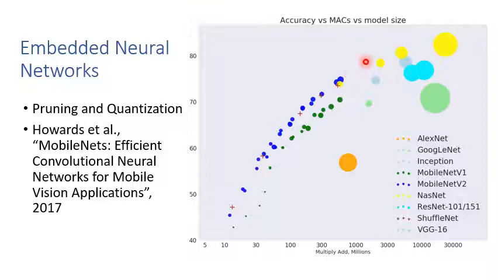Although it's still a little bit less accurate than the best models like Inception or VGG, they are very similar, and the size is much smaller than the VGG or GoogleNet, than the popular CNN models. As we can see in this figure, MobileNet version 2 has achieved almost the same accuracy as ResNet 101 or 151.